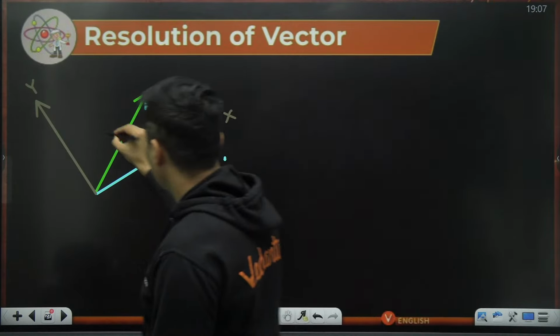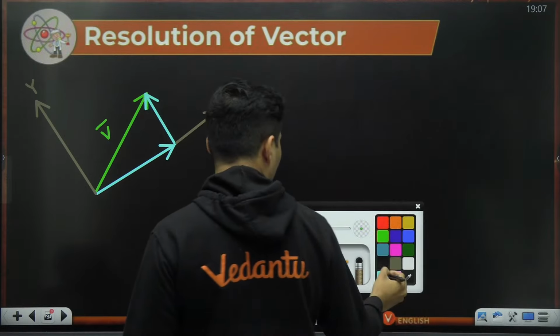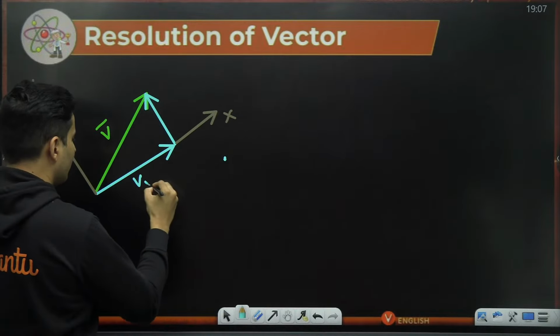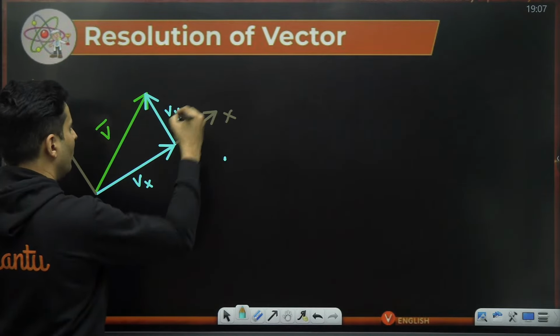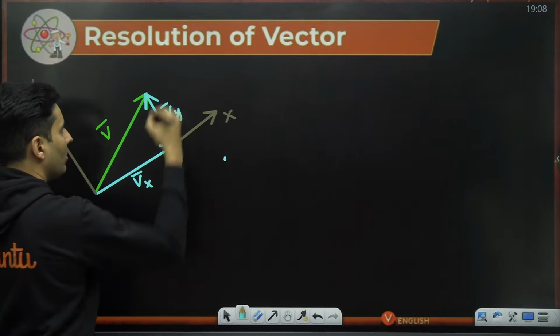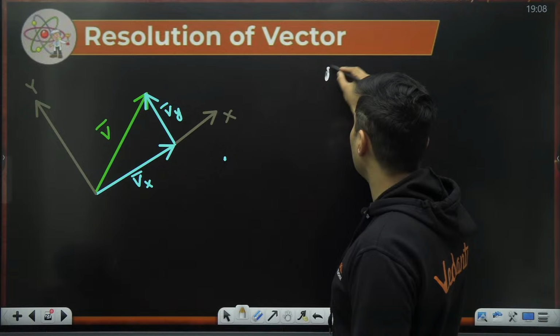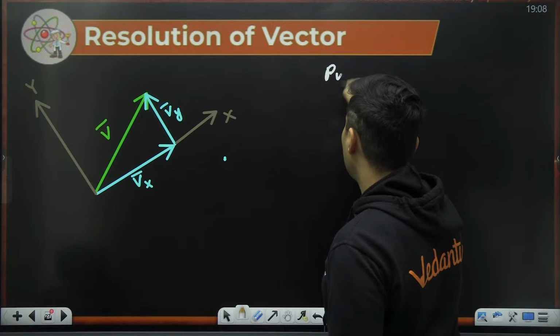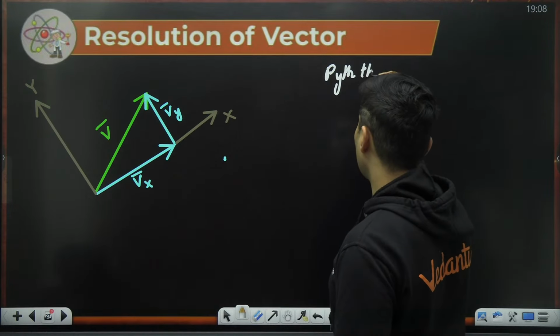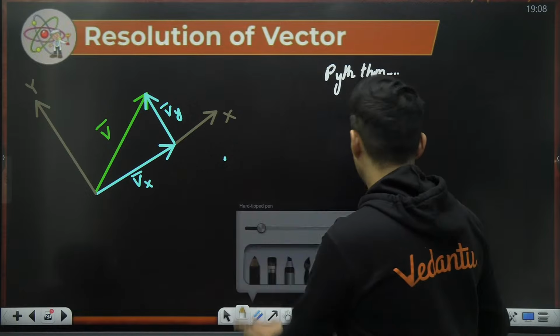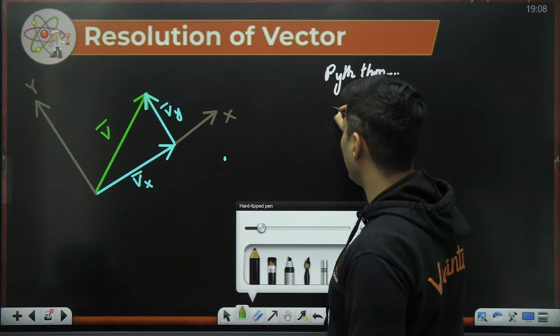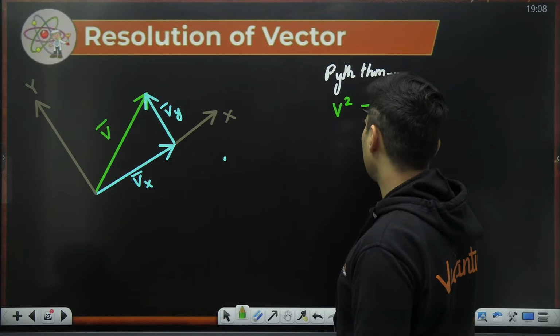Okay, this is your vector v, and obviously this is your x component and this is your y component. If some person uses Pythagoras theorem, one can easily say hypotenuse square, which is v square.